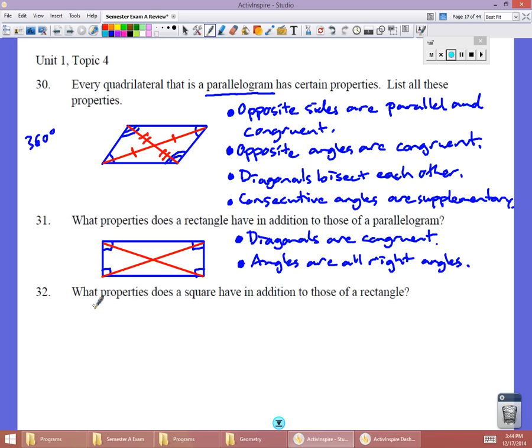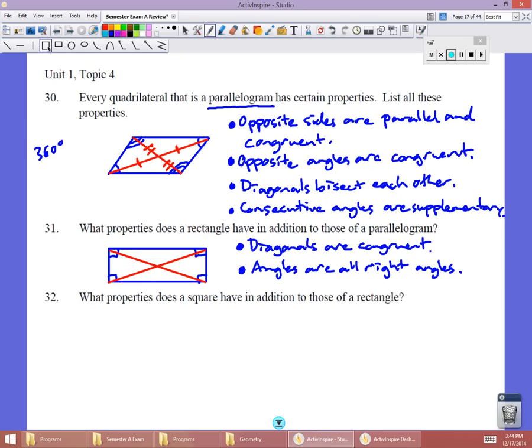Okay, finally, number 32, what properties does a square have in addition to those of a rectangle? So again, it has all these properties that we've already listed before, except now we want to add on to those. So again, we're looking at a square, and so for a square, here again is our square. First of all, the opposite sides are still parallel and congruent.